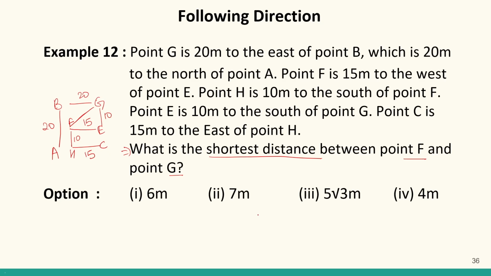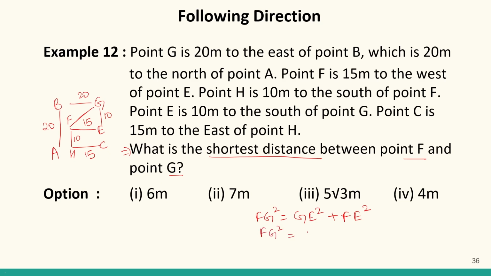So we know FG square using the Pythagoras theorem. FG square will be equal to GE square plus FE square. This is F, right? This is what we know from Pythagorean theorem or Pythagoras theorem.